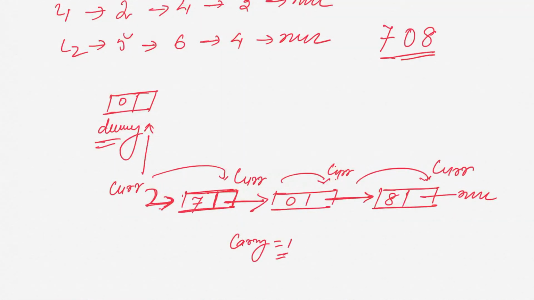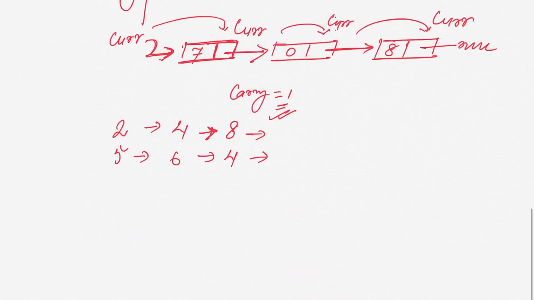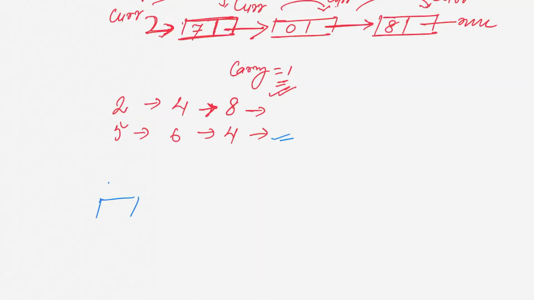There could be the possibility that at the end we will have a carry. Suppose you take another example: you are given 2, 4 and 8, and 5, 6 and 4. If we try to add these lists, similarly we create one dummy node and initialize current.